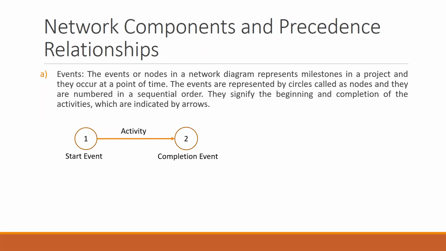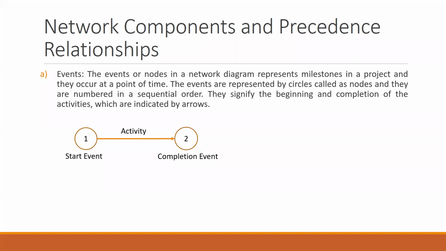The activity is presented on the arrow, and the arrow indicates the direction in which it is moving. Please remember, the movement is always from a lower numbered node to a higher numbered node. You can call these the tail and the head. The head represents the arrow part, where the event gets completed.